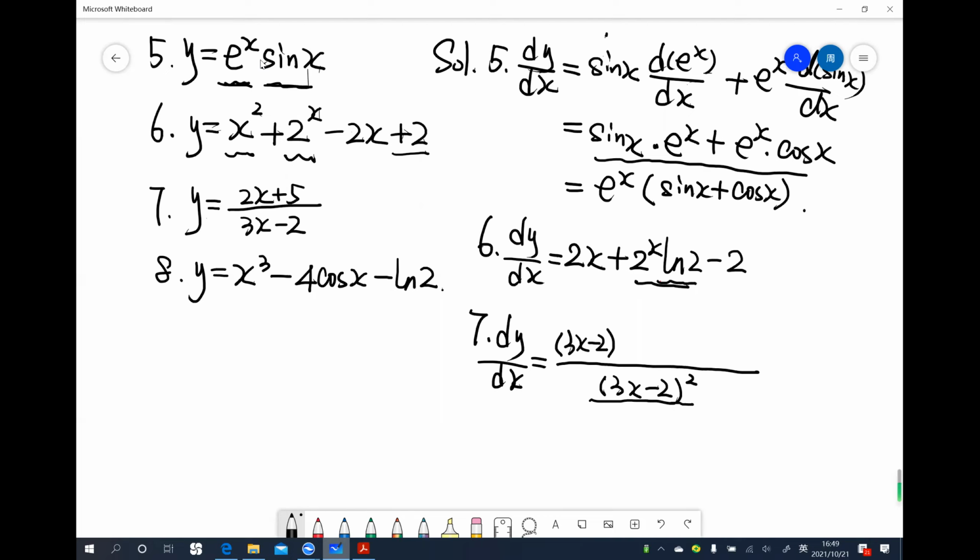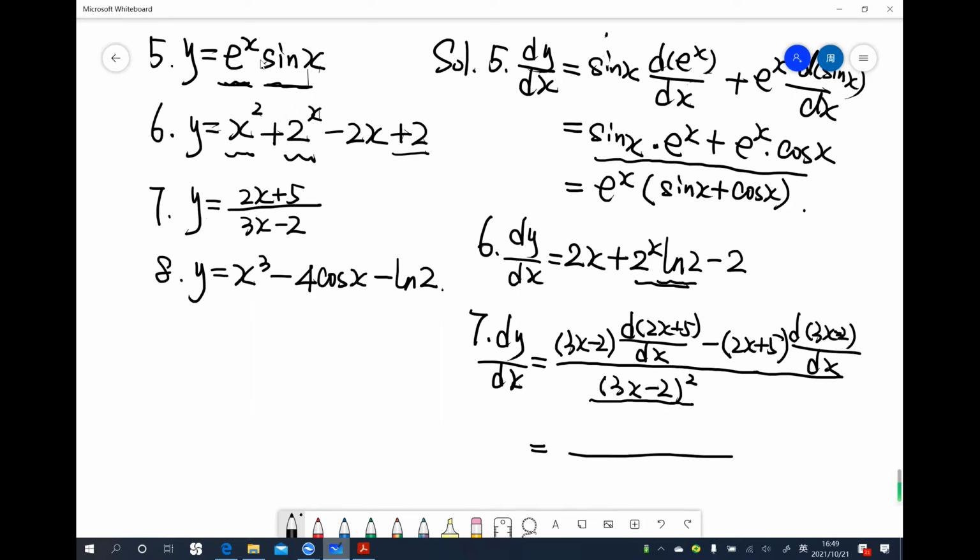3x minus 2 times d(2x plus 5) by dx, and minus 2x plus 5 times d(3x minus 2) by dx, right? So here we know that d(2x plus 5) here equals to 2. This part equals to 2. Can you understand, guys? And this part equals to 3.